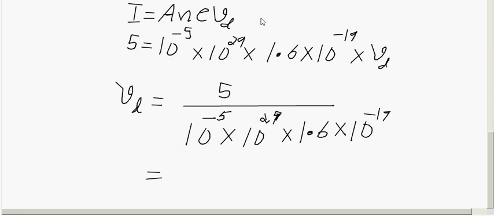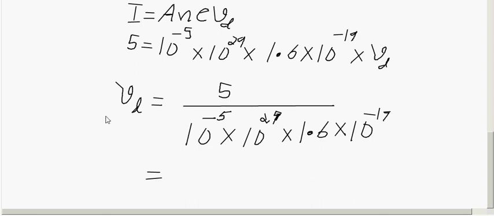So now you calculate the value. How much are you getting? 5 divided by 10 to the power minus 5 divided by 10 to the power 29 divided by 1.6 into 10 to the power minus 19.